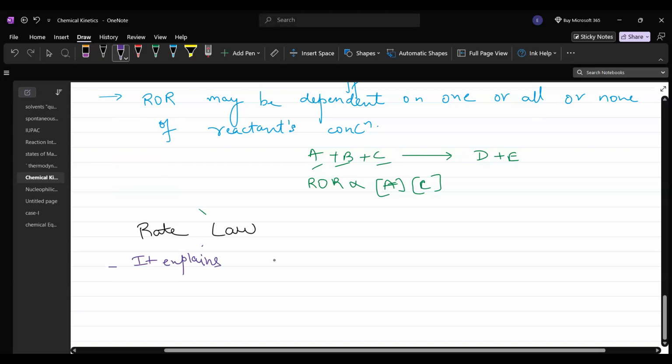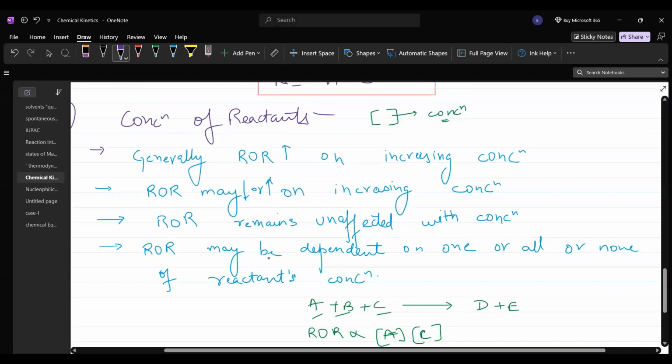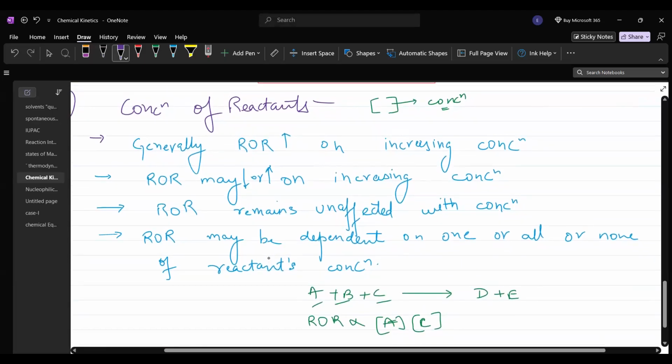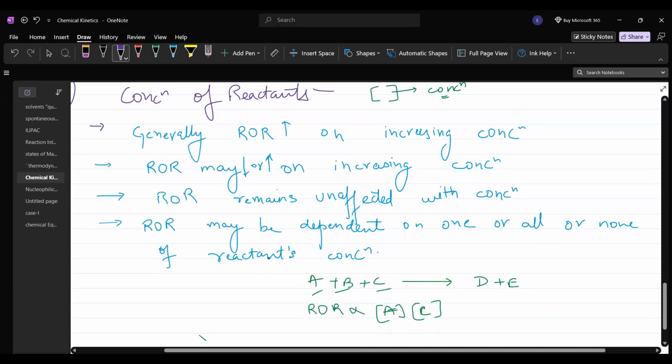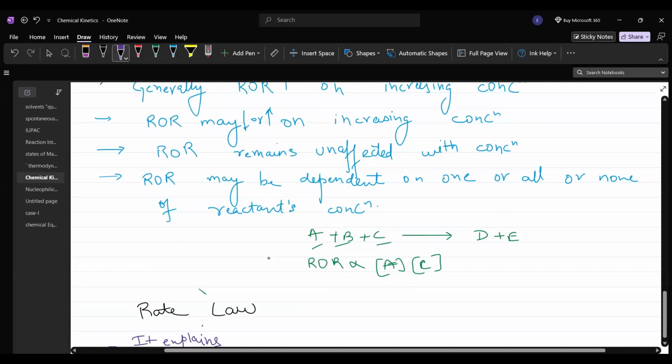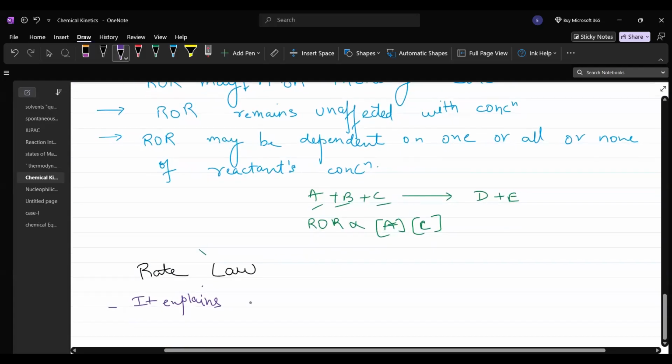So we are continuing this only, the concentration of reactants, or the rate of reaction depending on the concentration of reactants. To solve numericals, we have to understand the mathematical expression and all.